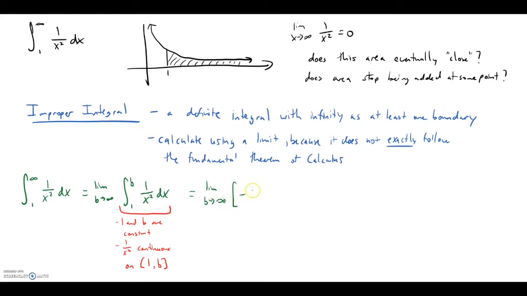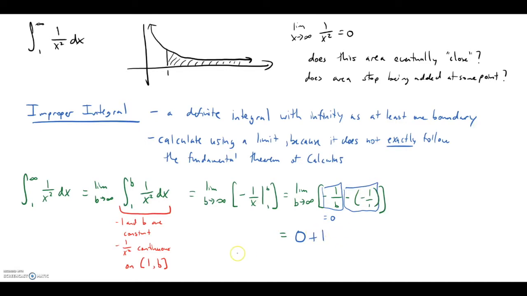This will be the limit as b approaches infinity of our antiderivative, negative 1 over x, evaluated from 1 to b, which will be equivalent to the limit as b approaches infinity of negative 1 over b minus negative 1 over 1. And notice, this negative 1 over b, if we let b approach infinity, that term will approach 0. And the negative of negative 1 over 1 will be a plus 1.